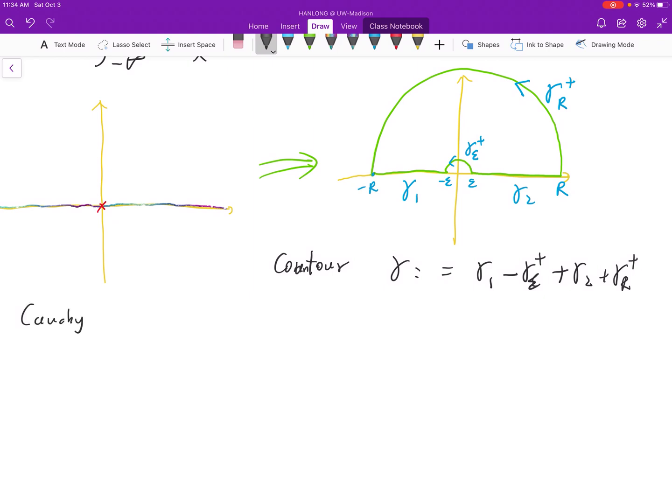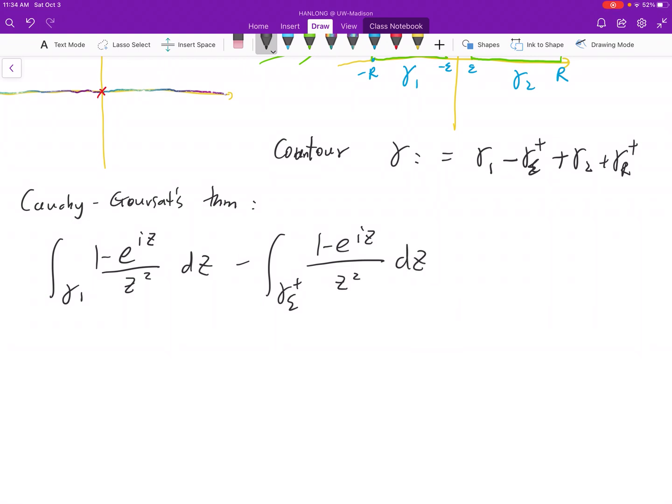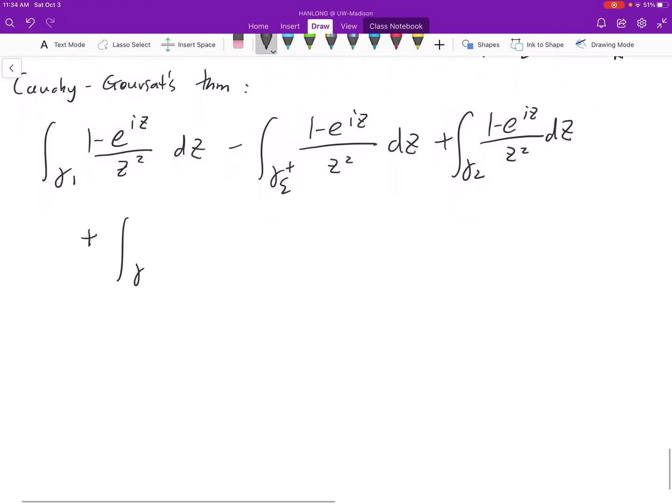So Cauchy's theorem yields that the integration along gamma 1 of (1 - exp(iz))/z^2 dz, minus the integral along gamma epsilon plus, of the holomorphic function, plus the integral along gamma 2 of (1 - exp(iz))/z^2 dz, plus the integral along gamma R plus of (1 - exp(iz))/z^2 dz is 0.